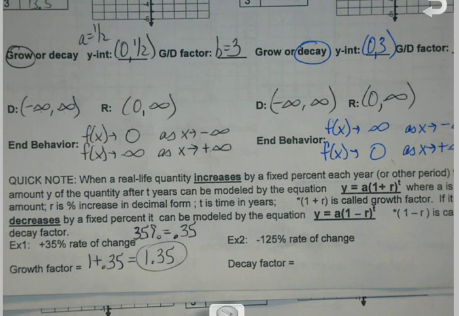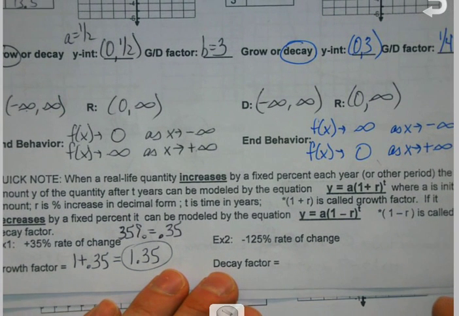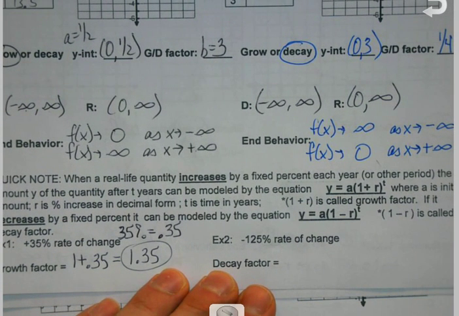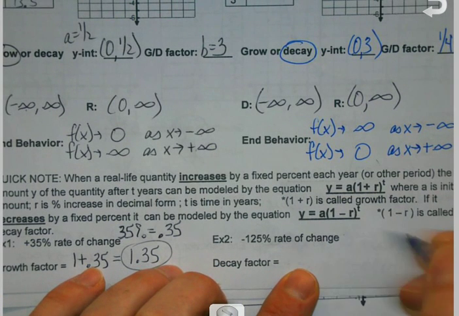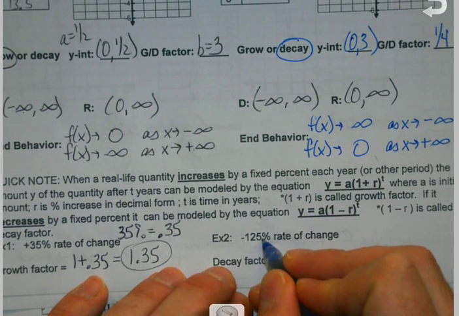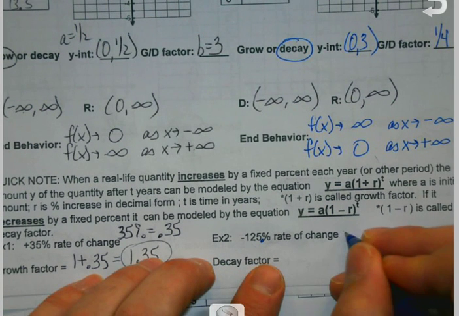Now, if I have a negative one, it's going to be decaying. Now, this one's different. Negative 125%. How do I write negative 125% as a decimal? Well, let's think. 125, 2 places to the left.